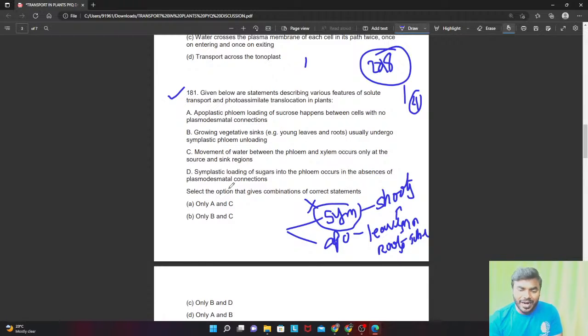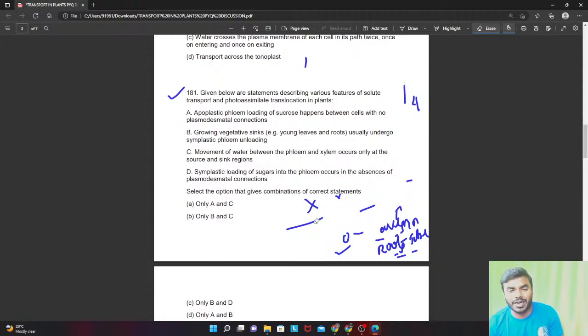Only during that particular condition will leaves, roots, tubers come to the apoplastic pathway. I am repeating the statement for every one of you. The symplastic pathway of unloading can be shown by roots, leaves, tubers and shoots. If the symplastic pathway or plasmodesmatal connection is absent, then leaves, tubers and roots will follow the apoplastic pathway. So please think correctly and give me the answer.